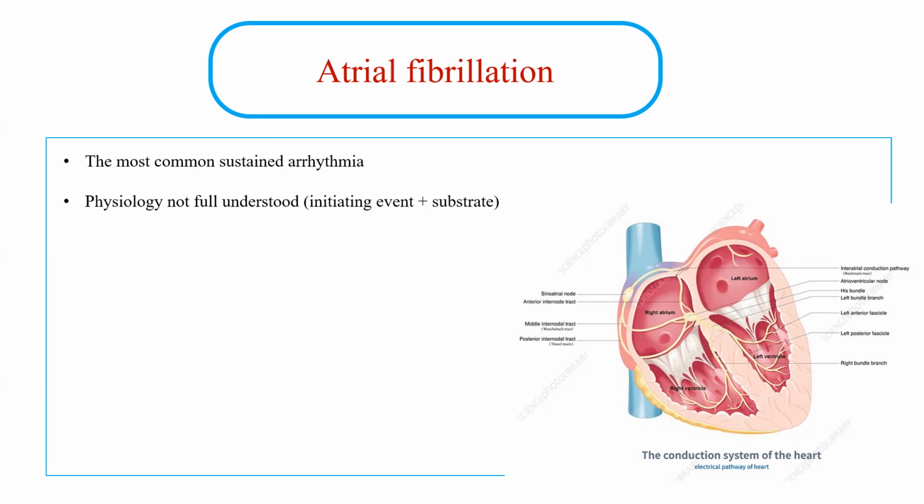Now, any electrical activity generated from the atria will be delivered to the ventricles through the AV node. So the AV node here is very critical for the diagnosis of the patient, for the treatment, and even the prognosis. By definition, in atrial fibrillation the fibrillatory wave fires at 300 beats per minute.